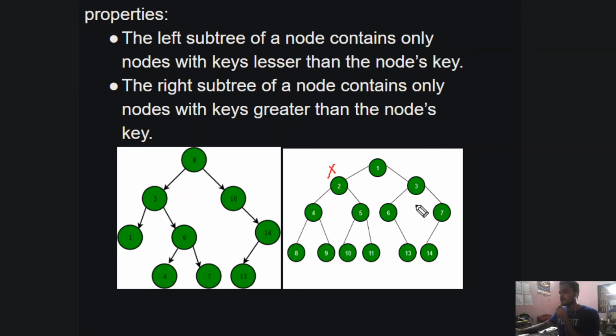Why? Because at most every node has two children. That is the condition of just a binary tree. But if every left child is smaller than the parent and every right child is greater than the parent, that makes a binary search tree, and that is what makes this not a binary search tree. So I think now we have completely understood what a BST, or binary search tree, is. Now let's move on.